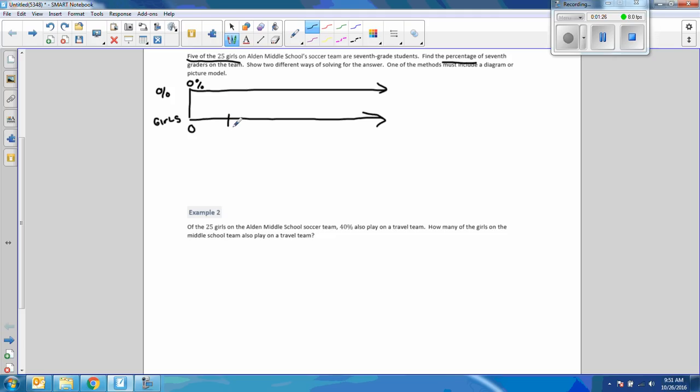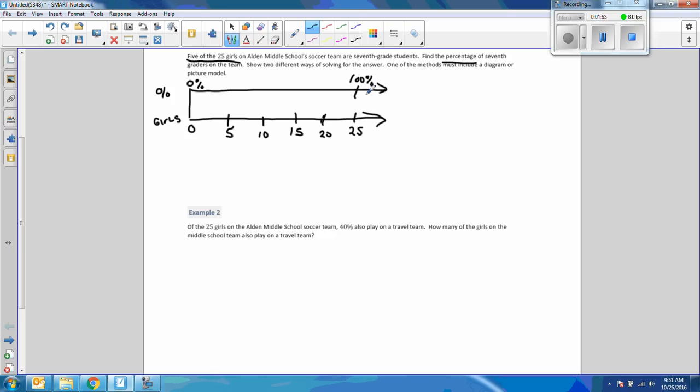If there were 5 girls, or 10, or 15, or 20, and then the total was 25, so we can stop there. So if it's all of them, that's 100%. So we have 25 girls at 100%.